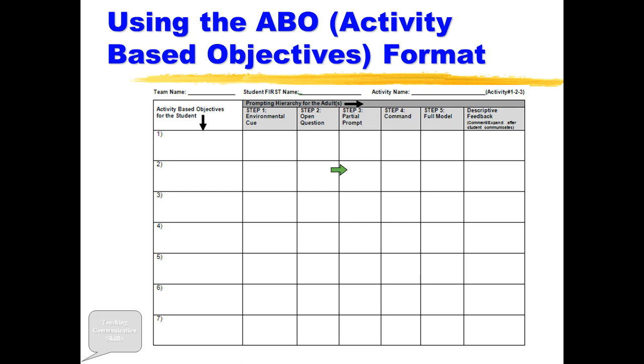You tell them what to say, or you grab their hand and put it on the device, and all they do is follow your directions. They don't learn about natural cues and responding to natural cues. They don't learn about listening to people and responding in the environment, or commenting on things that are going on.